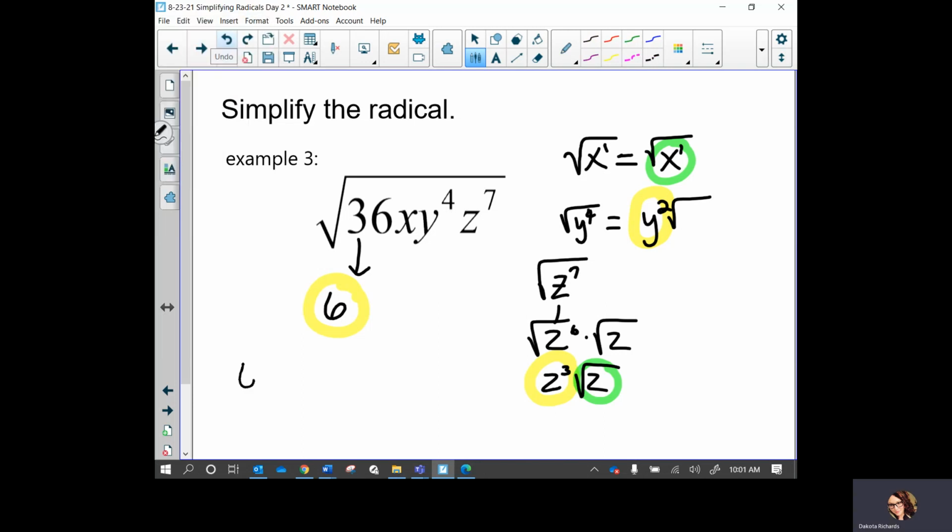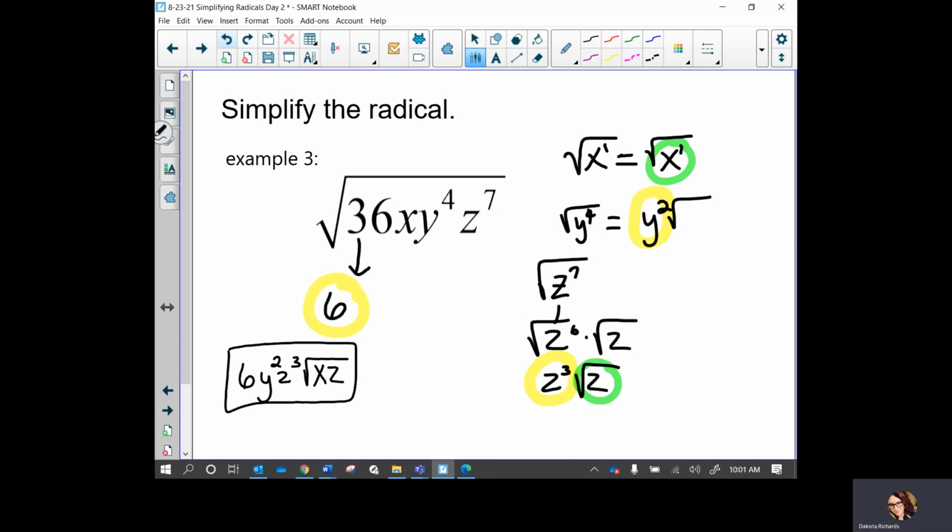On the outside, you have a 6. You have, let's go in alphabetical order, a y squared. And then we have a Z cubed. And then on the inside, we circled that in green. So that is just X, Z.